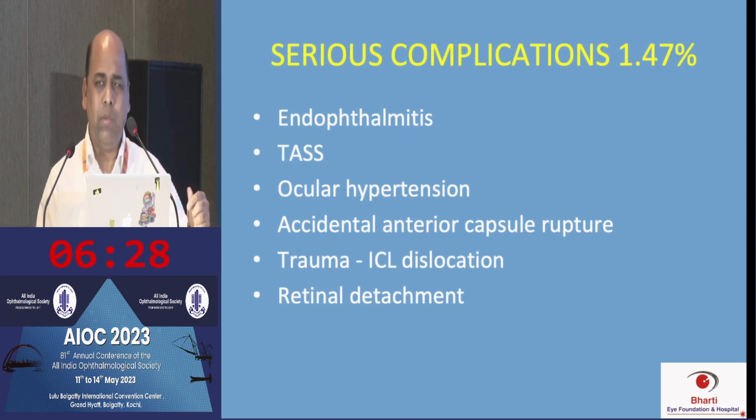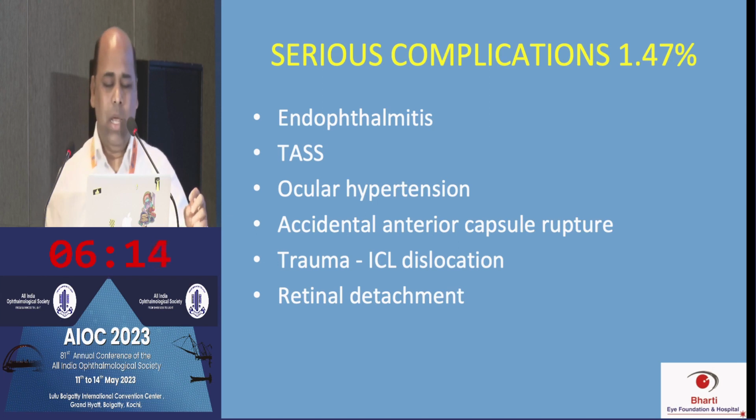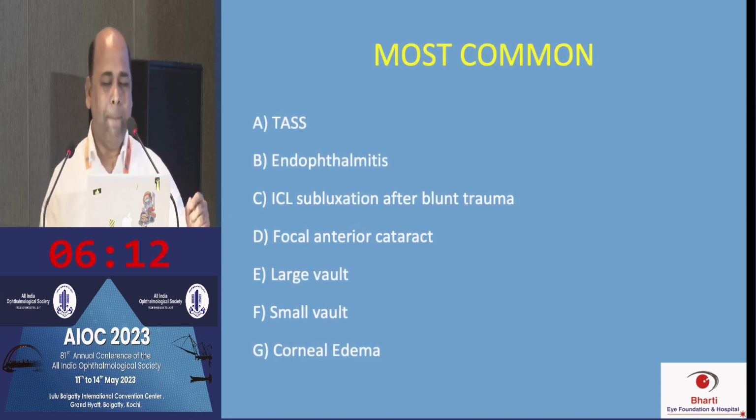These are some of the serious complications you can encounter after ICL, although the rates are very low: endophthalmitis, TASS, ocular hypertension, accidental anterior capsule rupture, trauma, ICL dislocation, and retinal detachment. The most common complications we encountered are TASS, endophthalmitis, ICL subluxation after blunt trauma, focal anterior cataract, large or small vault, and corneal edema. We should always look for the health of the endothelium before planning ICL surgeries.